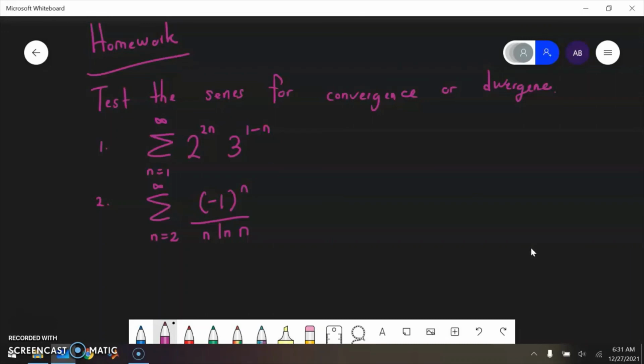Now I didn't mention absolutely convergent. If you want to determine convergent, you can also do the absolute convergent test by taking the absolute value. If it's absolutely convergent, automatically it's convergent, guaranteed. Okay class, that's all for today. See you next time. Bye.